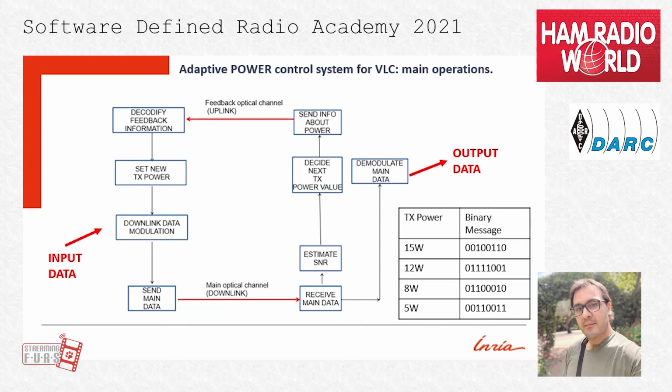And also in this case, we can communicate it through the feedback network in order to reduce the power delivered during the communication. For example, with the logic we can see in the table, we just associate a binary message, so an ASCII character, for each transmitting power. So in this case, we can reduce the power during the communication. It could represent a critical aspect, for example, in lots of applications, like in mobile devices, which are equipped, for example, with a small battery.